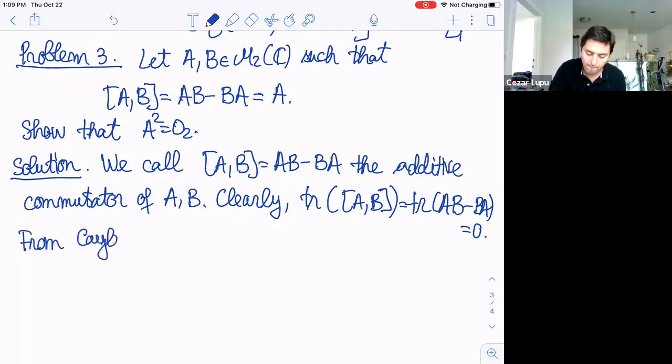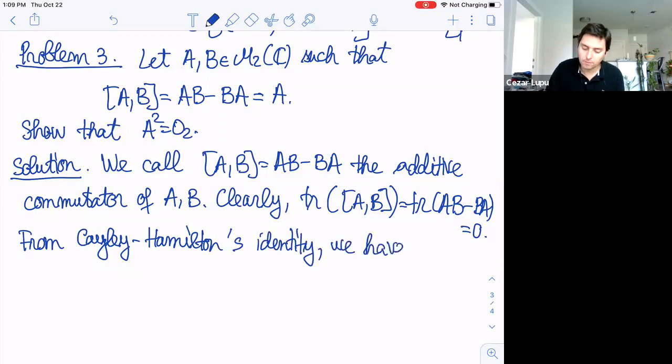Okay. So since we know this, it follows from the Cayley-Hamilton identity, we apply this for the commutator.